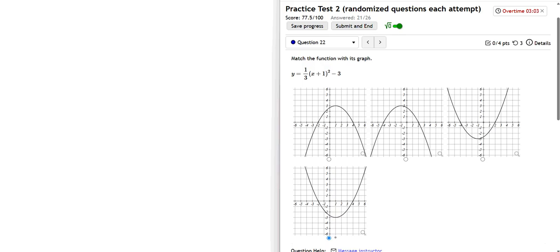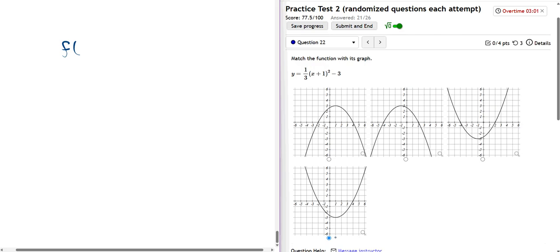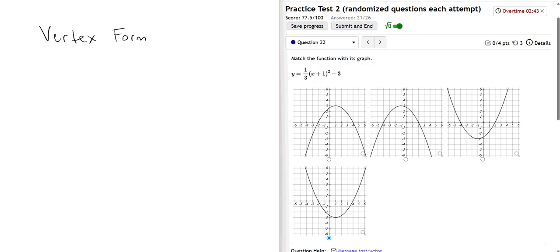And then I'm going to look at the fact that when you have something added, well, we could even look at vertex form. Let's look at vertex form of a quadratic equation. f of x would be a times x minus h quantity squared plus k.